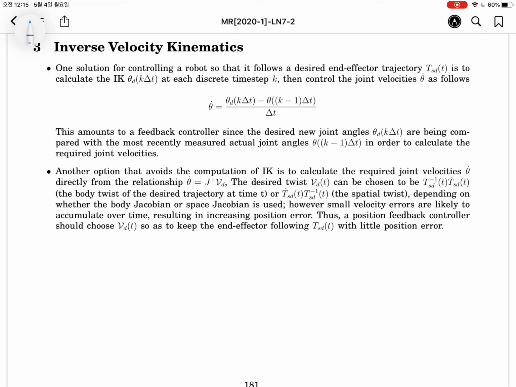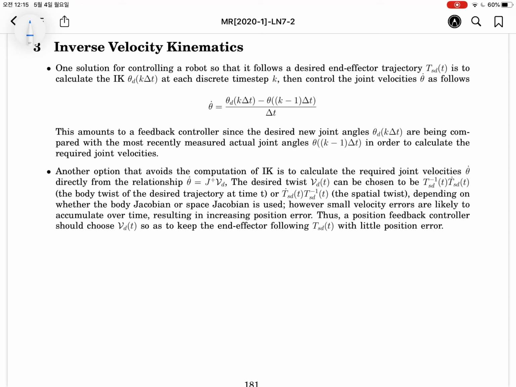The Newton-Raphson method is a good tool to calculate IK, inverse kinematics of the robot kinematics, but I'd like to recommend you to use the inverse velocity kinematics compared to the numerical or analytical method.